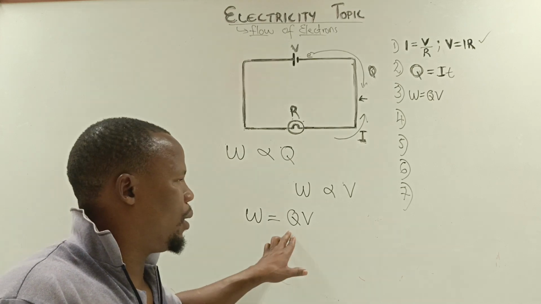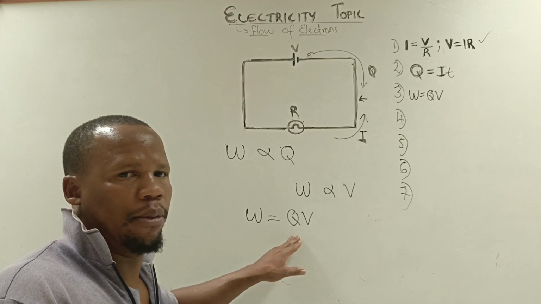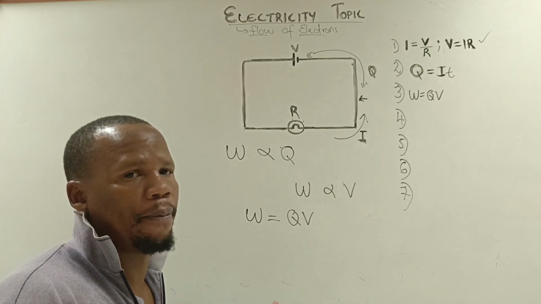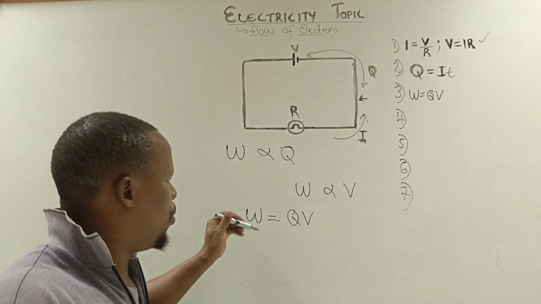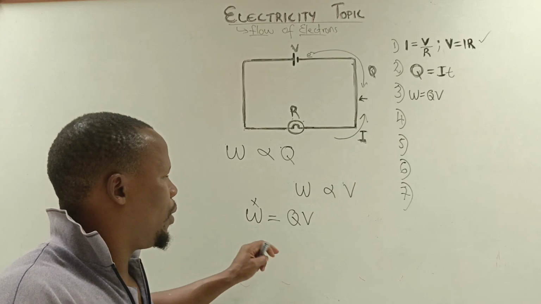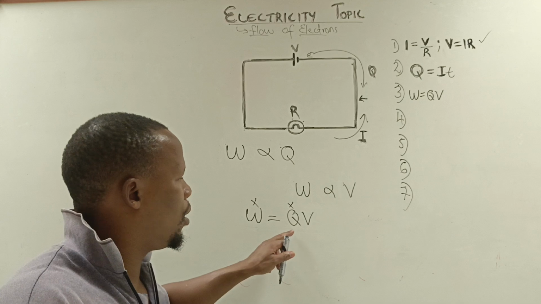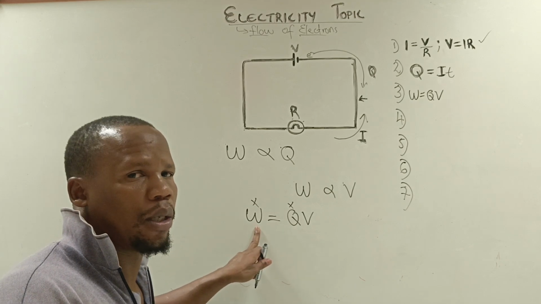Again, examiners don't like this formula, so it is rare to get questions on this formula. You know why? Can you measure work done? No, you can't. Can you measure charge? No, there's no instrument that measures charge, and no instrument that measures work done.